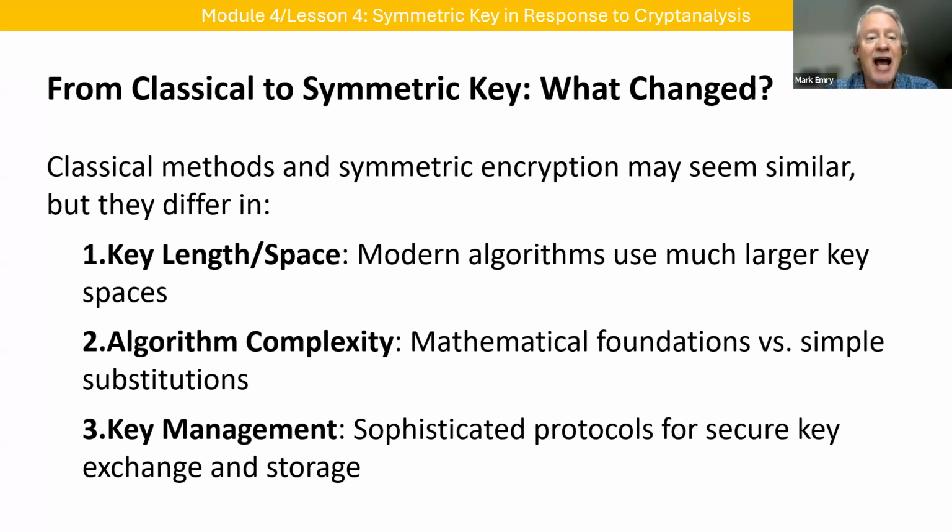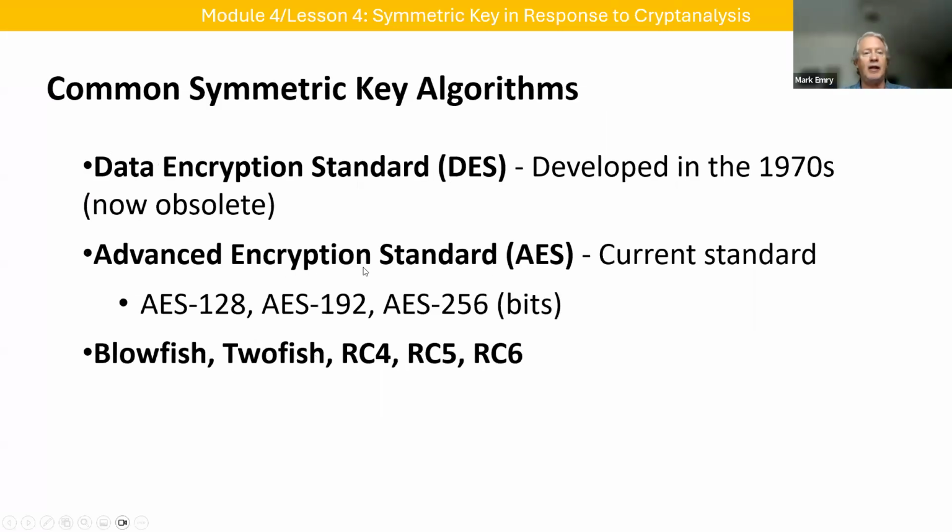Key length is how long the secret key is. Key space is how many possible keys there are for a given key length. For example, we have a 56-bit DES, which has a key space of 2 to the power of 56.